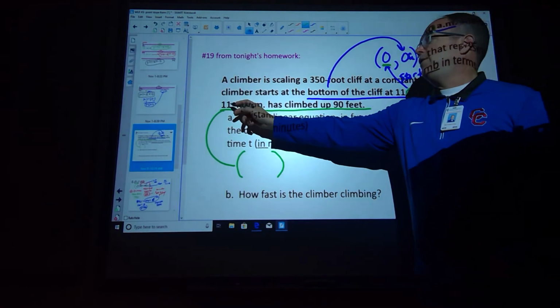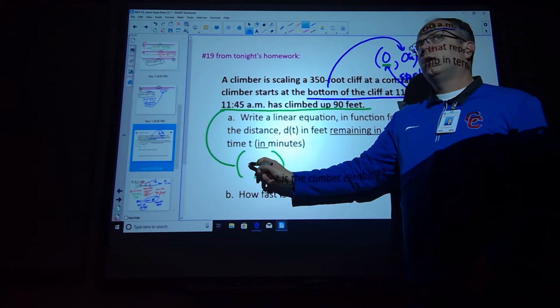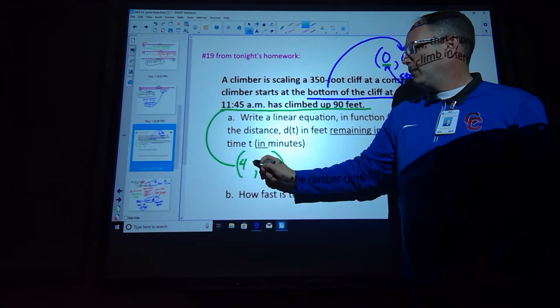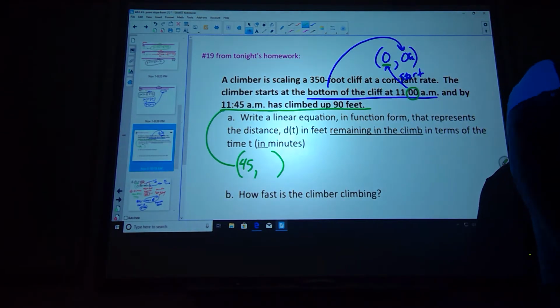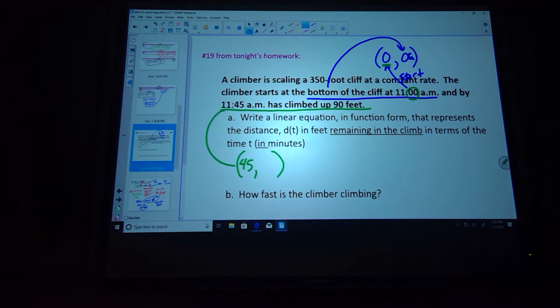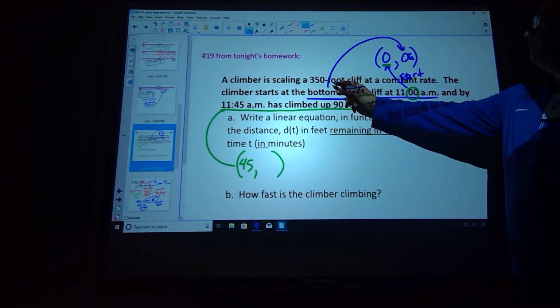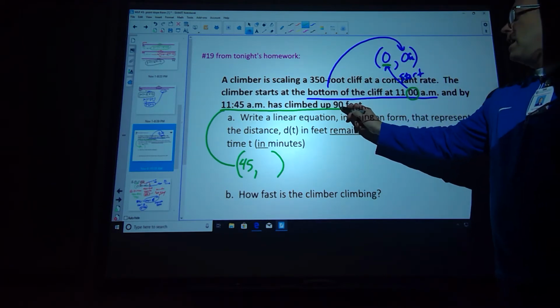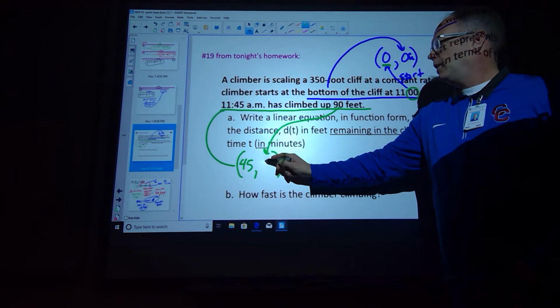So at 11:45, we should put a 45, and then 90. At the bottom of the cliff he was 0 feet up, but now he's at 90 feet.